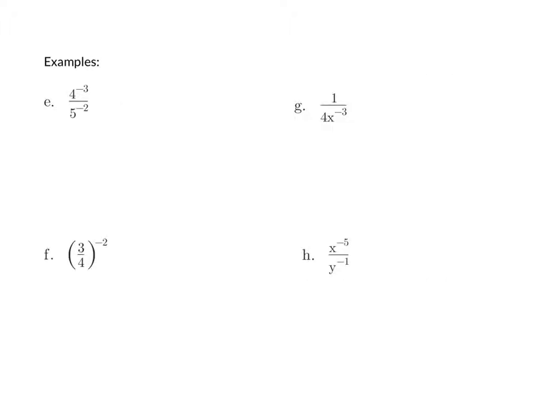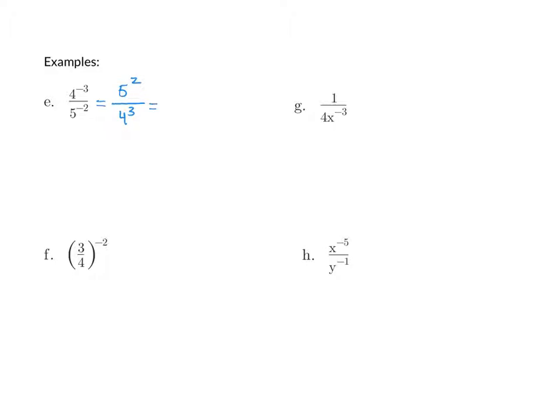Alright, so let's go ahead and practice some of this. If we look at example E, we have negative exponents on the top and the bottom, and so the first thing I want to do is just move things across the division bar. 4 to the negative 3, I can move that down to the bottom and change my exponent to a positive. 5 to the negative 2, since it's on the bottom, I can move it to the top and make my exponent positive.